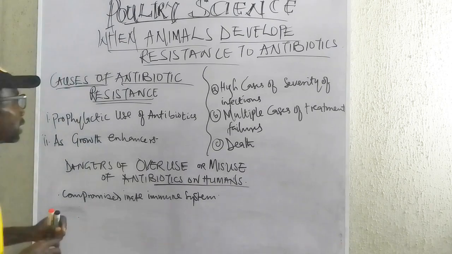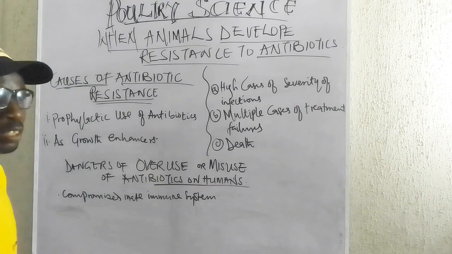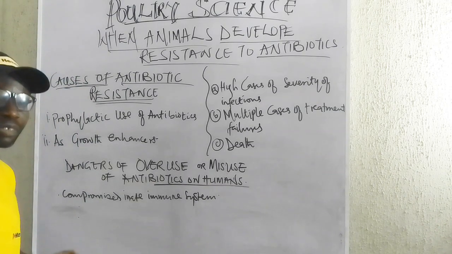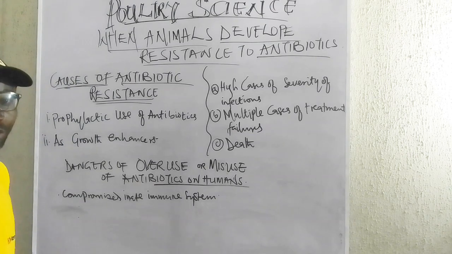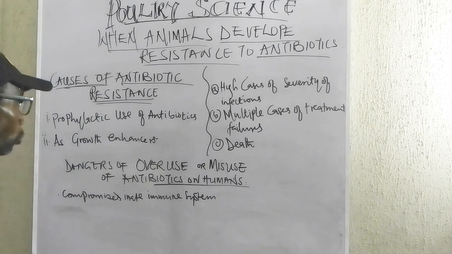So there are times where the antibiotics are not able to have the required effect on the bacteria, or the fungi, that they are actually meant to kill or to control.